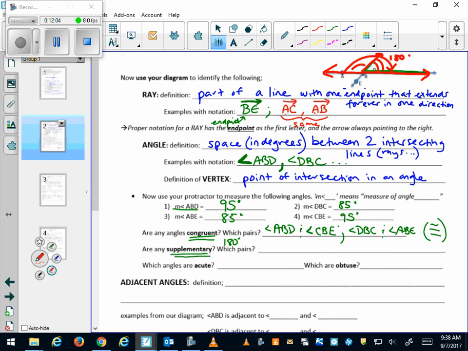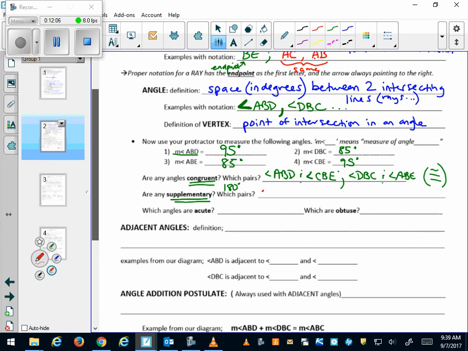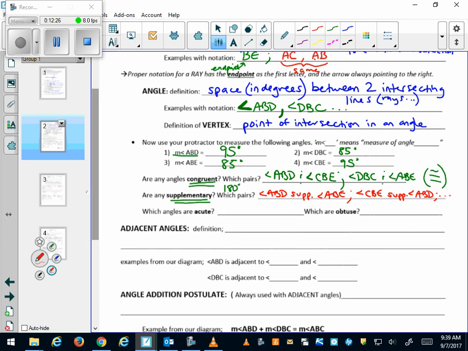For example, angle ABD is supplementary to angle ABE. Another pair would be angle CBE is supplementary to angle ABD. And there's two more pairs.